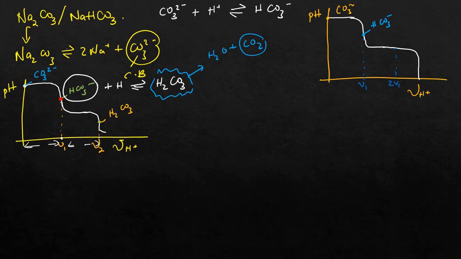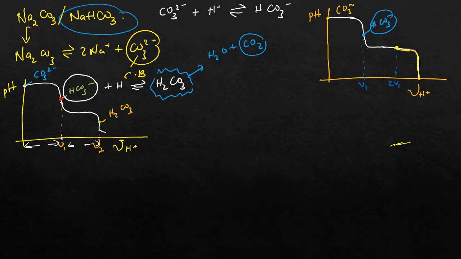So why are we having this extra extension, this region? Once you are here, you would have converted all your bicarbonate from your carbonate to a carbonic acid. But your mixture also presented an extra bicarbonate, which is here.